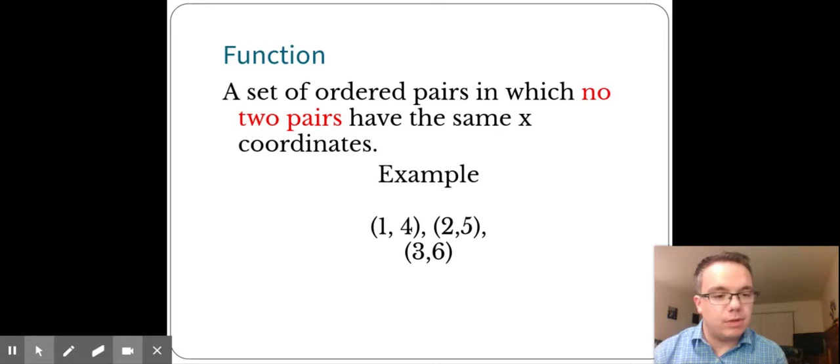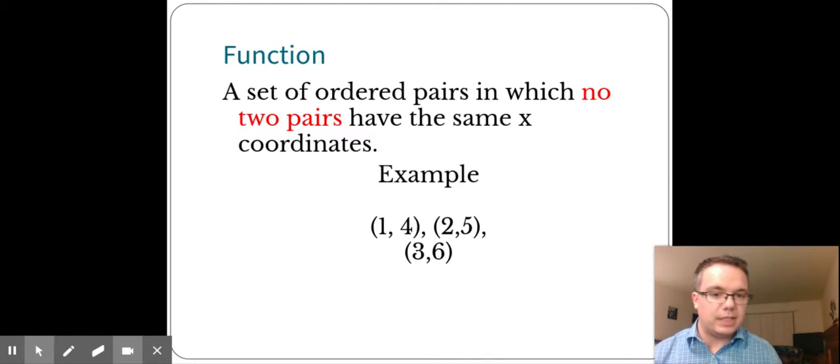So basically what a function is, it's like a mathematical machine where you plug something in and you get something out. So for these points, we're plugging in an x-coordinate and we're getting out a y-coordinate and making sure that all our x's are different, because if you put something in the machine, you should only be able to get one thing out. So if I put in a 1, I will always get a 4. If I put in a 2 in this machine, I'll always get a 5.